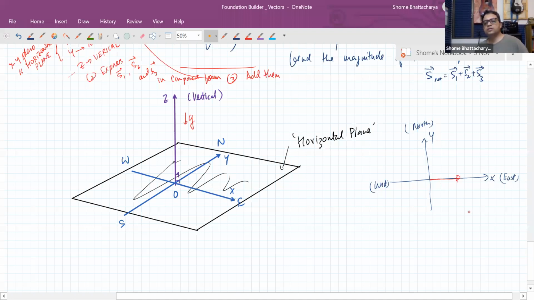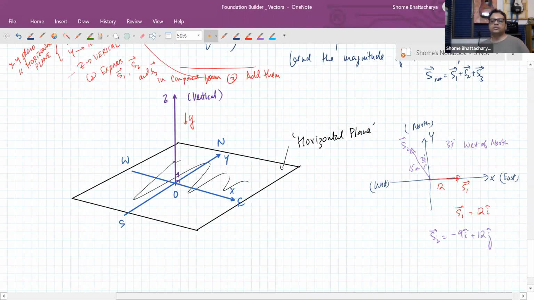So S1 should be 12 i cap. But in comparison to this, how is S2 looking? Now S2 was a little complicated. S2 was like this. It was at 37 degrees west of north, wasn't it? And it was 15 meters in length. This was S2. So how will S2 look in component form? We'll have an X component of -9 and a Y component of +12.